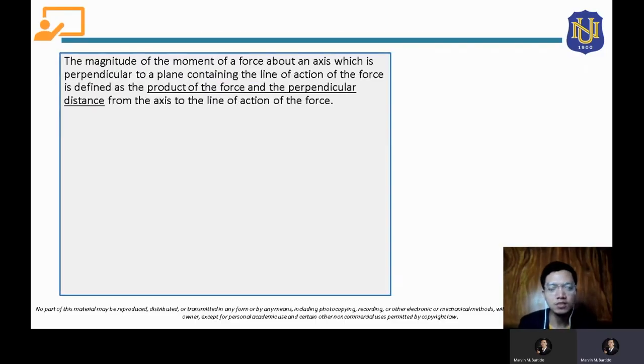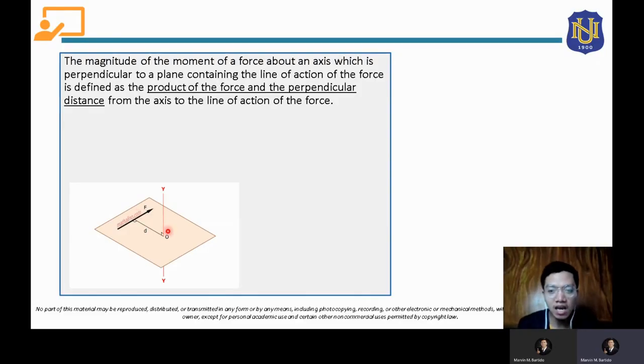Let's proceed. The magnitude of the moment of a force about an axis which is perpendicular to a plane containing the line of action of the force is defined as the product of the force and the perpendicular distance from the axis to the line of action of the force. Let's say we have here a force, in three-dimensional. If we want to measure its moment, we will need a reference axis.